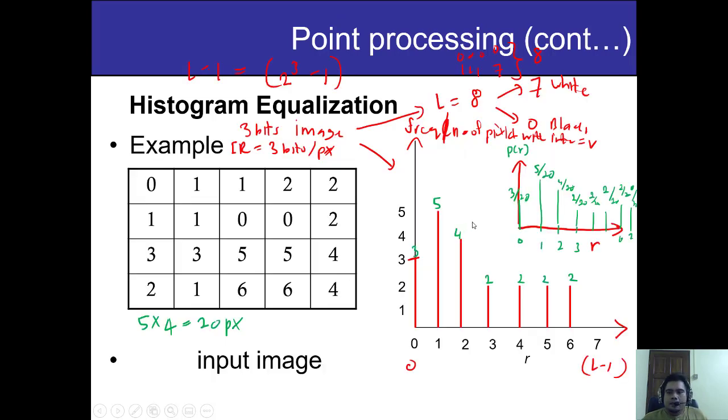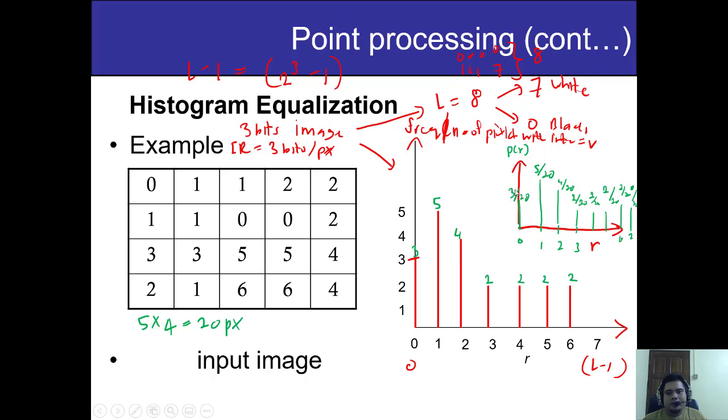Actually, the shape of the histogram and the shape of the probability distribution function, or PDF, are almost similar. The difference is just the y-axis value. This one is the frequency, but this one is a probability.